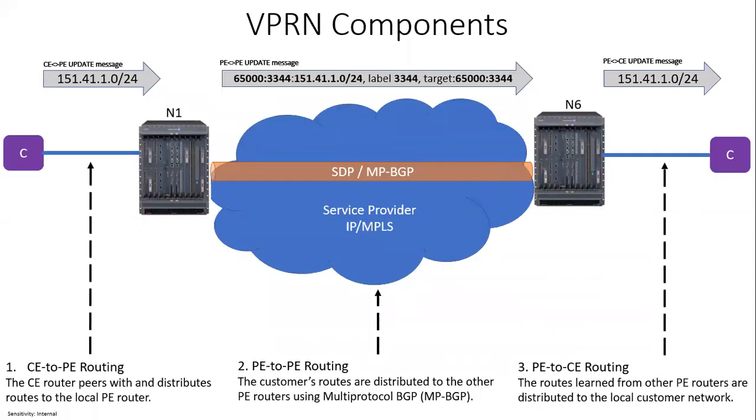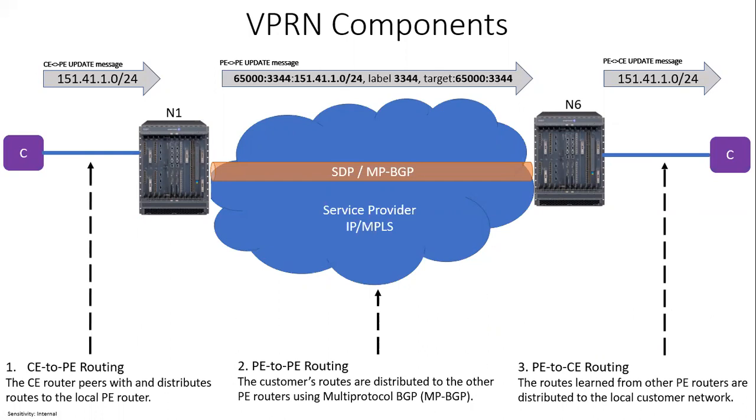All right, so continuing with our VPRN components, these are the three moving pieces, more or less, or the pieces that do the heavy lifting for VPRN, and that's the CE to PE routing, PE to PE routing, and PE to CE routing.